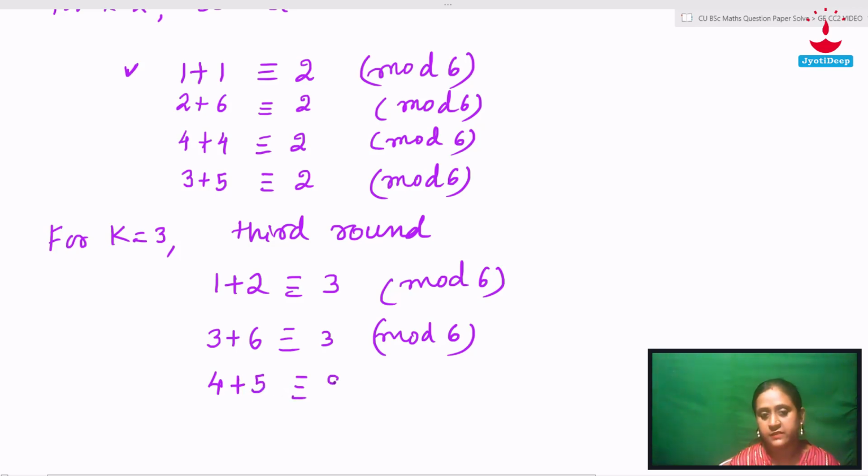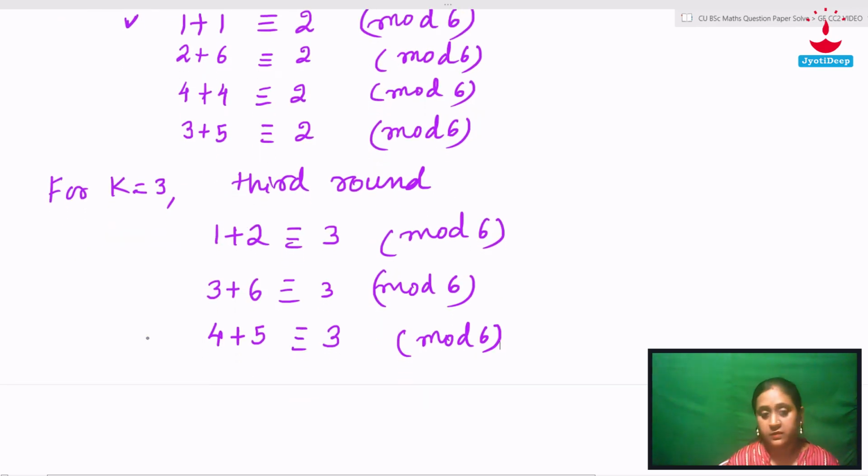It will also give 3 under mod 6. Okay, so it's done, because all the teams have been used here.